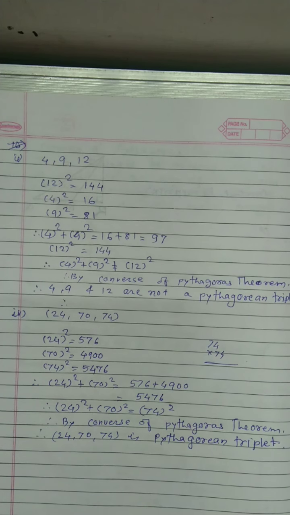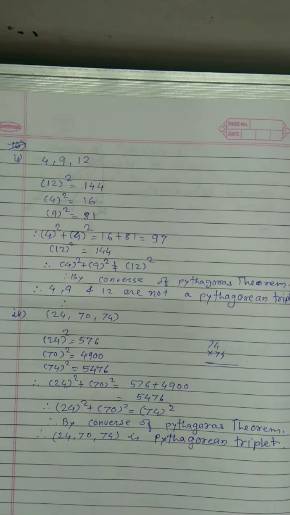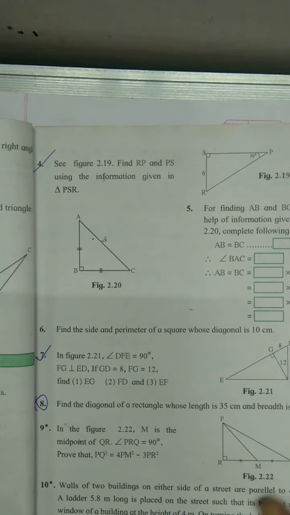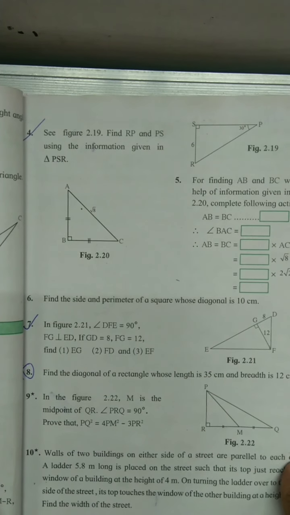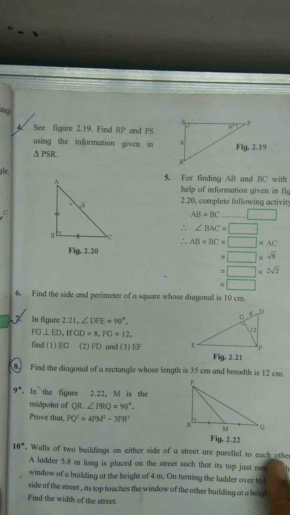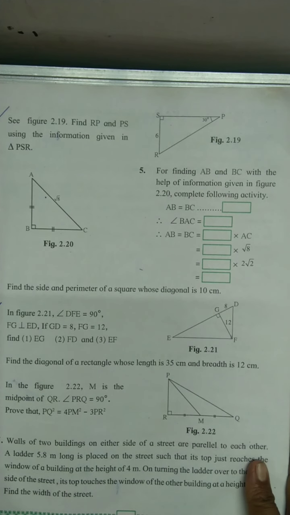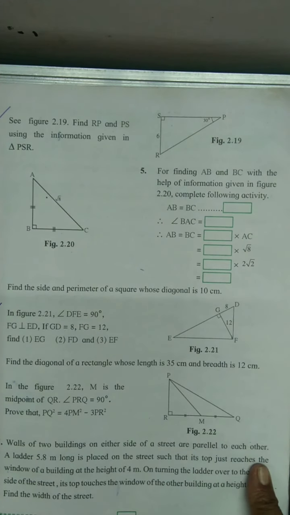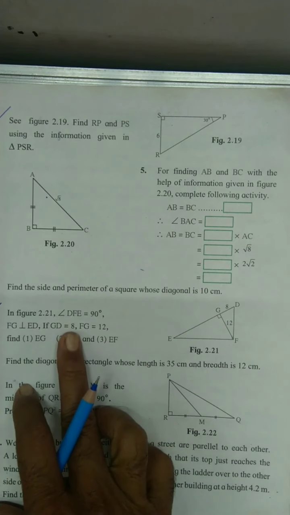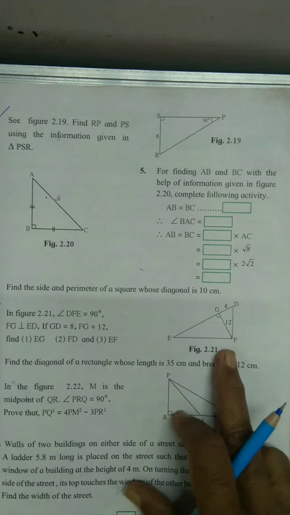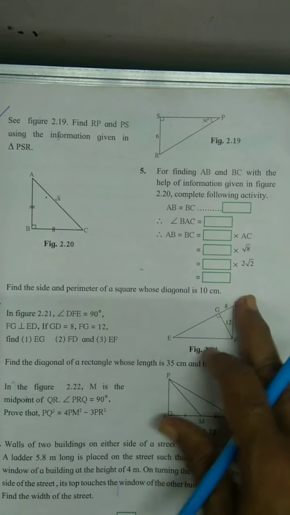Now we see another example in the book. We see the selected examples. Now the seventh example, which is also important. In this figure, angle DEF is 90 degrees, and FG is perpendicular to ED.